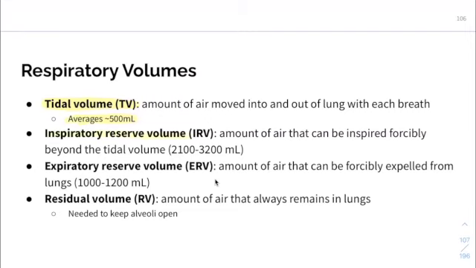The inspiratory reserve volume is how much you can inhale forcefully, how much air can go beyond that tidal volume.